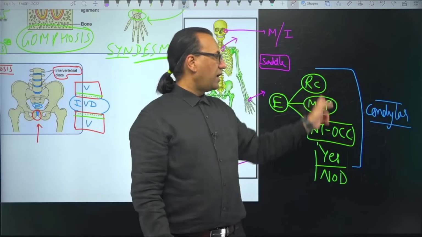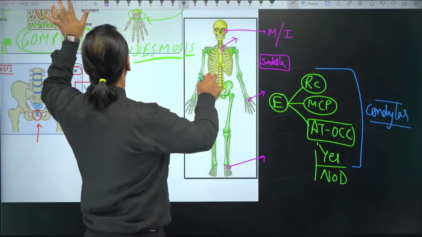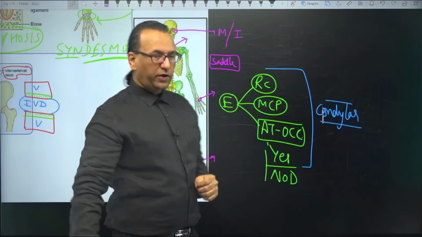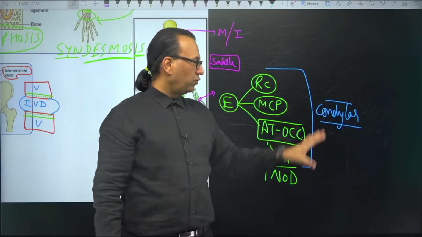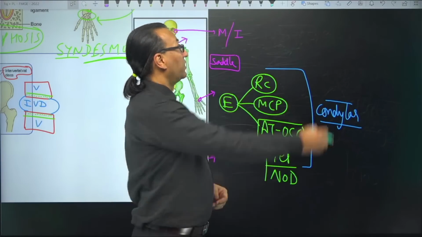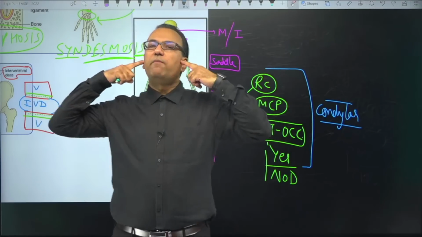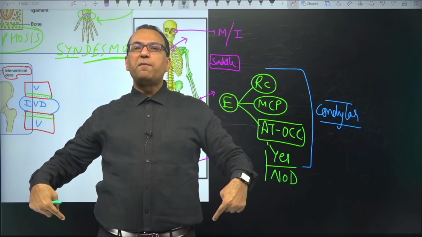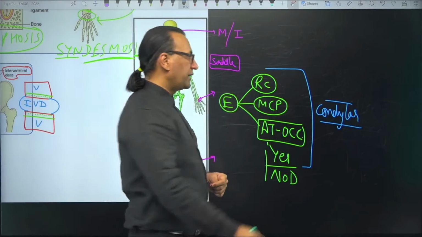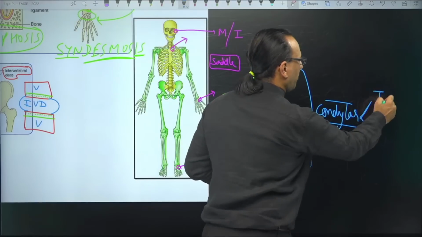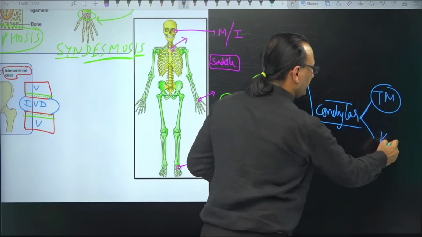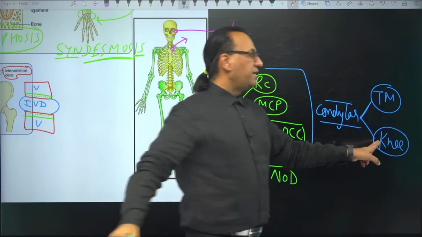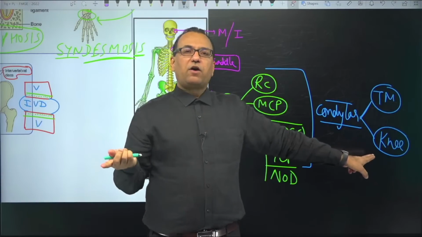Now if these three are poor examples of condylar, can you give some good examples of condylar? If you look for a good example of condylar, you can talk about the temporomandibular joint or the knee joint, the femorotibial joint. So good examples of condylar are the temporomandibular joint and the knee joint, which involves the femur condyle and tibia condyle.